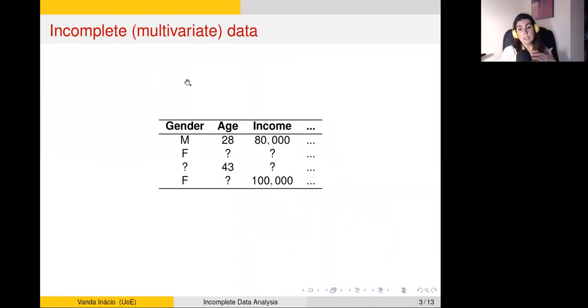As we can see, only for the first individual we have complete information on all 3 variables. For the second individual we have only recorded their gender, for the third individual we have only recorded their age, while for the fourth individual age is missing. So the question now is, how should we proceed?